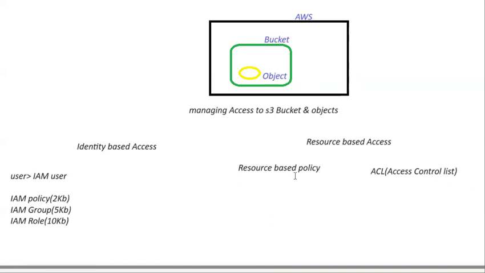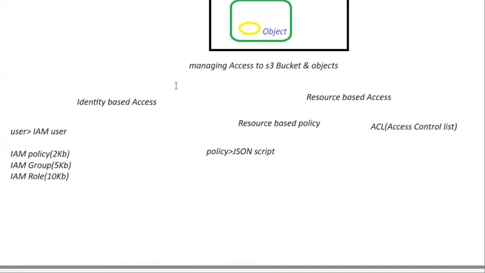So let's see more about resource based policy. What is this resource based policy, sir? It is nothing but a JSON script. Whatever the policy may be, either an IAM policy or a resource based policy, the policy will be written as a JSON script only.